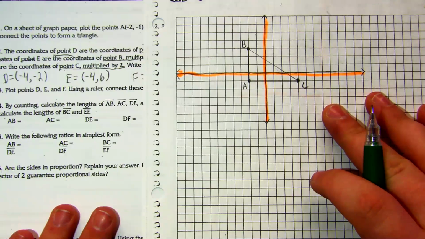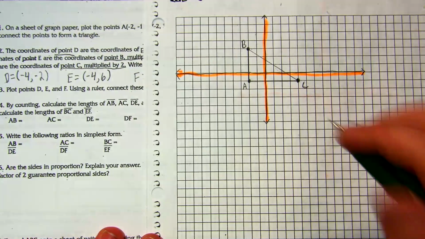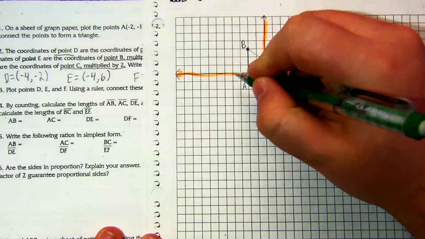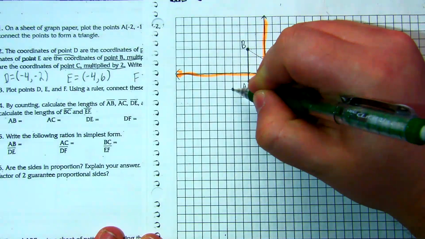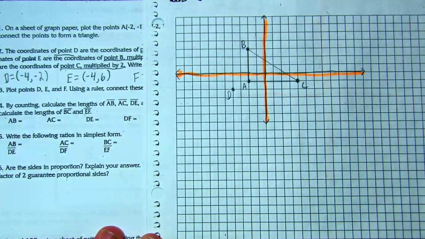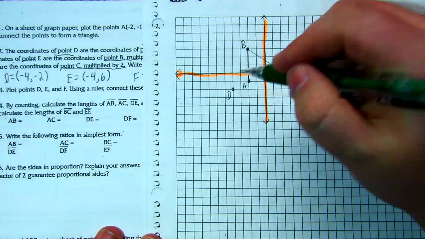To get point D, we start by going to the left 4 and down 2. Make sure you're labeling all these points here.